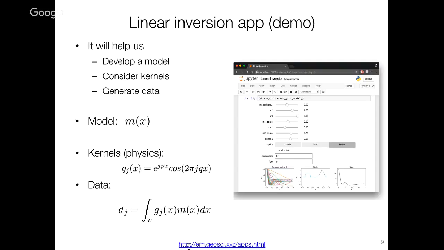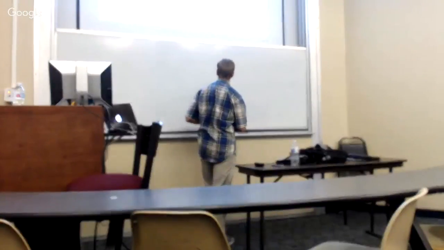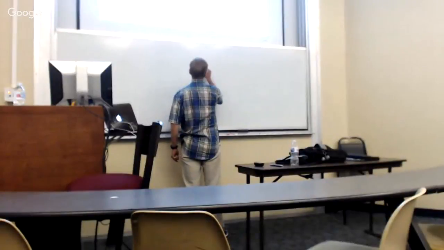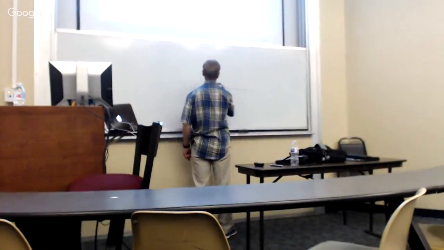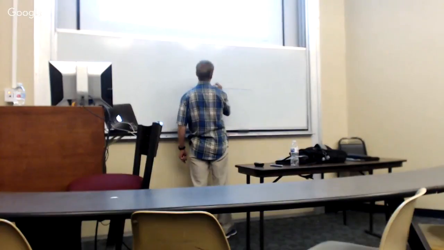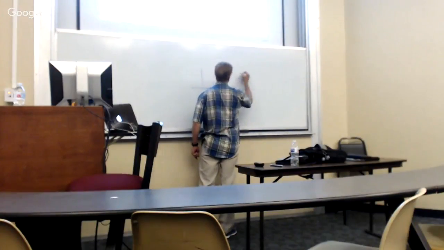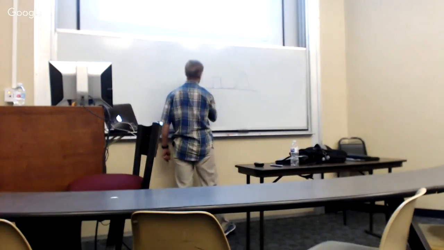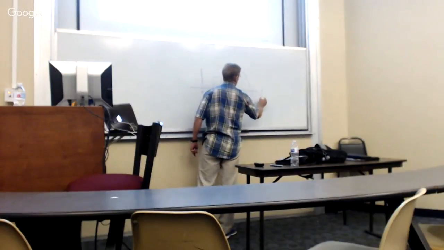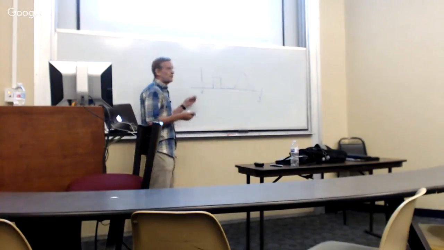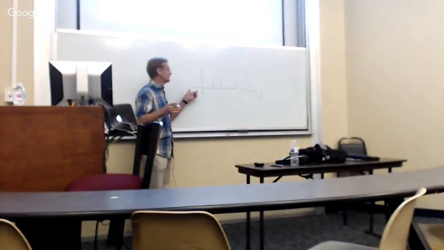And then the question is, well, what are you going to do for a survey? So let's suppose that we make a model, maybe something like this, right? So this is 0, this is 1, and we want to try to find that.